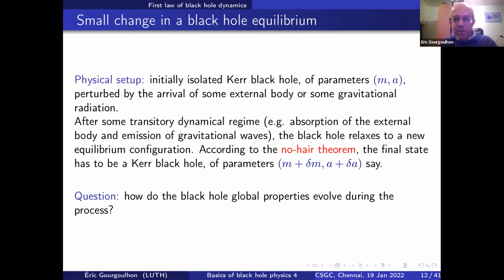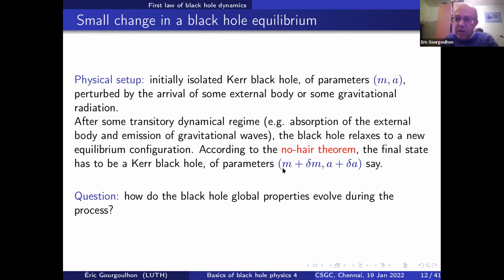So there will be some transition regime, and some gravitational wave will be emitted. At the end, the black hole will relax, will decay to a new equilibrium configuration. And again, by invoking the Mars theorem, this equilibrium configuration has to be another Kerr black hole.